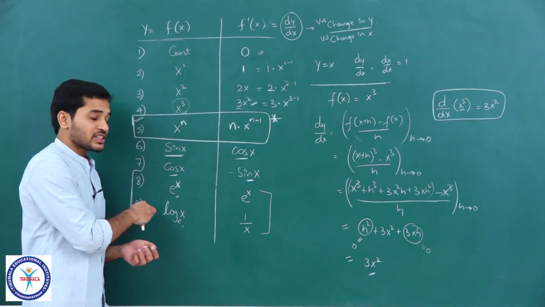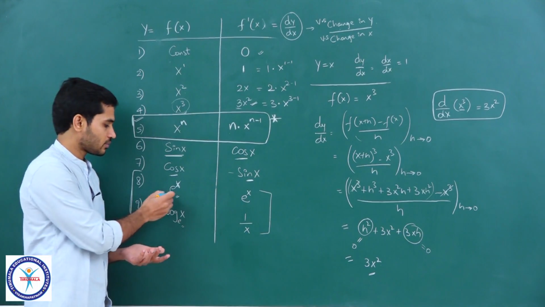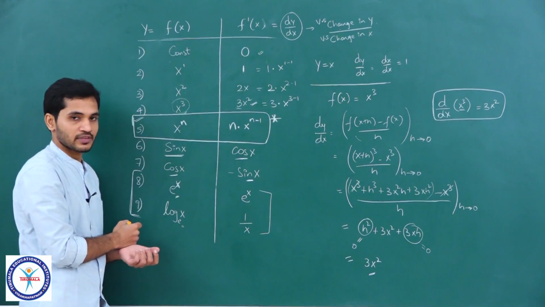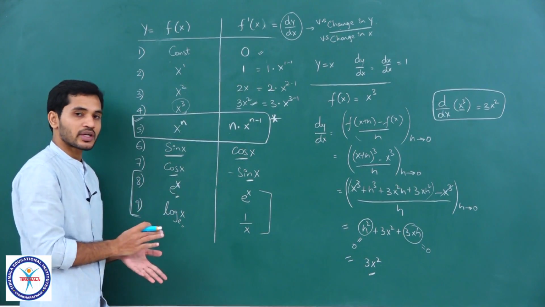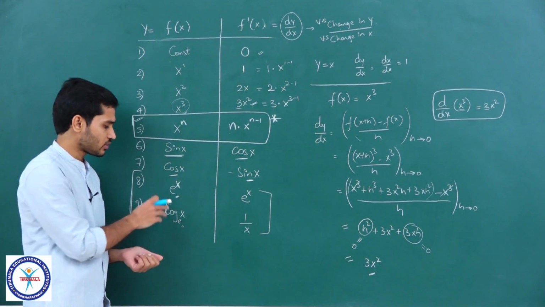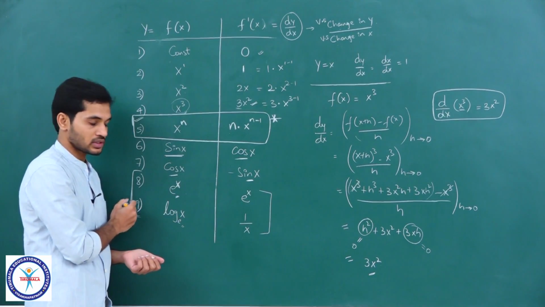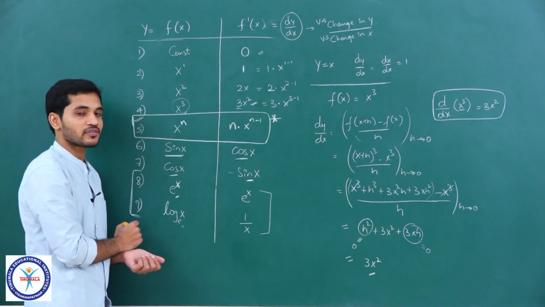Clear? Okay, so these are other functions which we will be coming across, but some of you might not have known what these functions are. So, there is no need to worry, you will slowly learn them during your basic maths class, you will understand what these functions are. So, this is called an exponential function, this is called a logarithmic function.